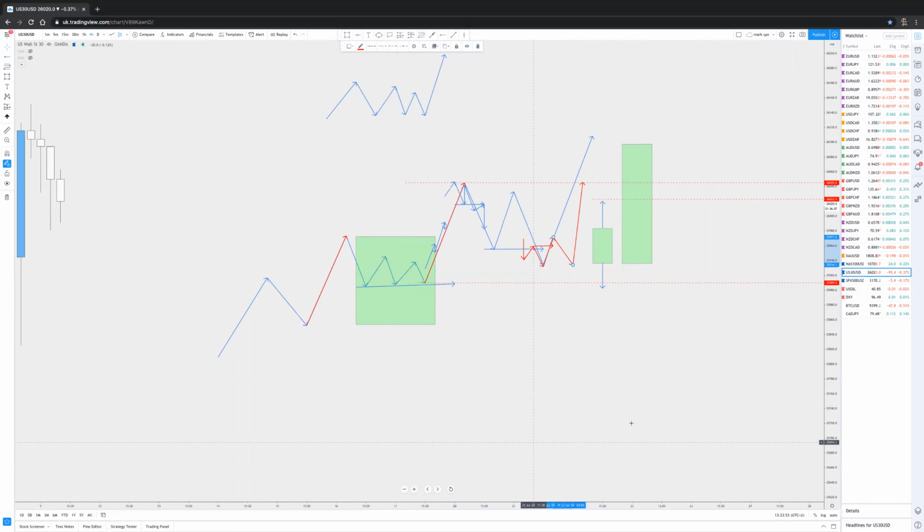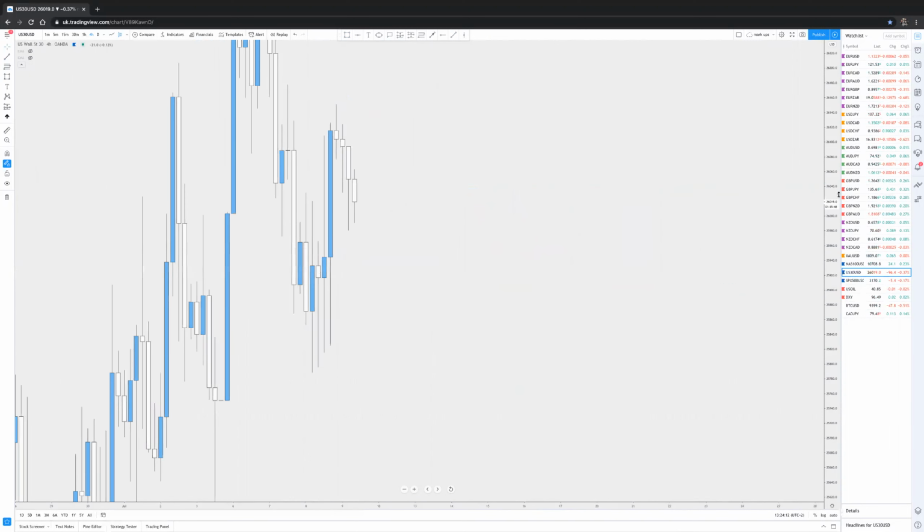If it is a sell situation, the exact same will apply. You will literally just wait for the market to indicate a level. So let's say we had something like, wait, I'm too close here anyway. Zoom it out a bit.